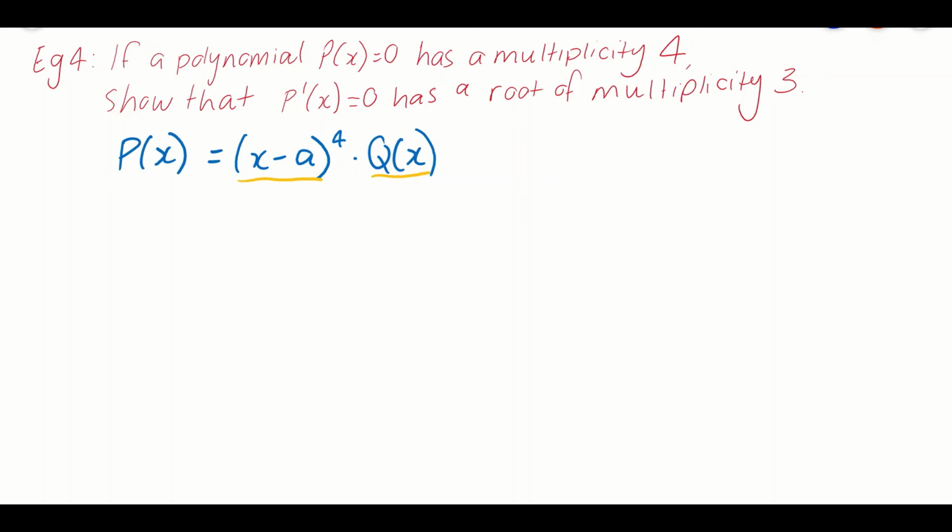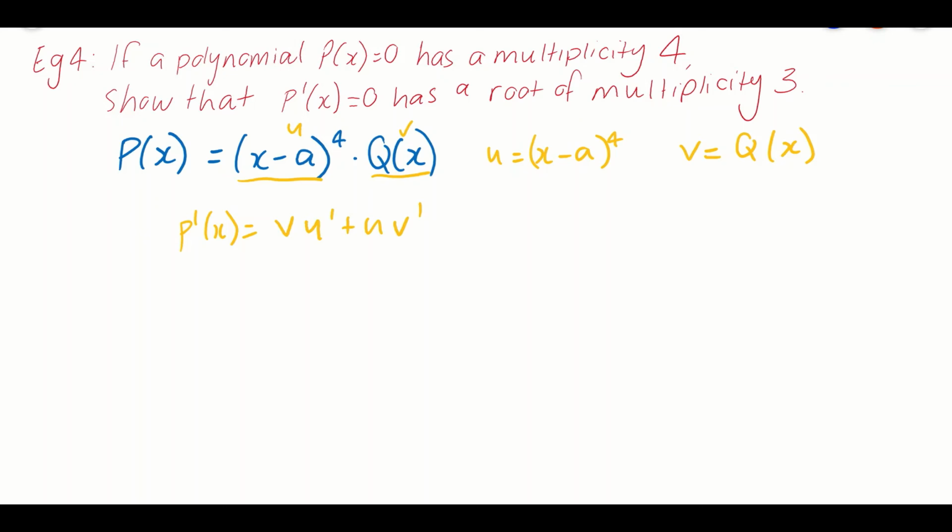When we have to differentiate a polynomial where there's an x and they're timesing together, what do we do? Hopefully someone thought or said out loud the word product rule. So p dash of x, and it's not going to be pretty, vu dash plus uv dash. Let's call this one u and this one v. So u is equal to x minus a to the power of 4, and v is equal to q of x, whatever that is.